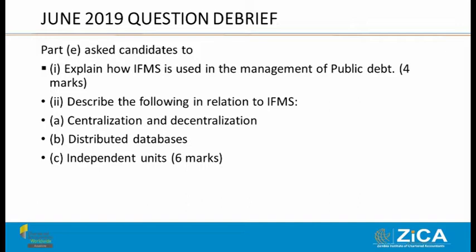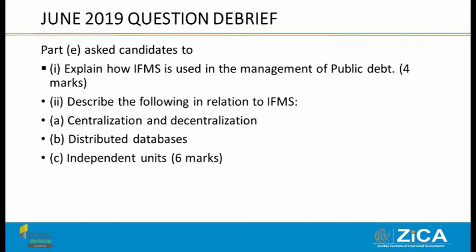Then the other part was asking for mere explanation of centralization, decentralization, distributed database, independent units. The 3 for 6 marks, meaning you need to identify at least a point, and that will be enough to give you the 2 marks for each item of the 3 items that you need to provide description for.